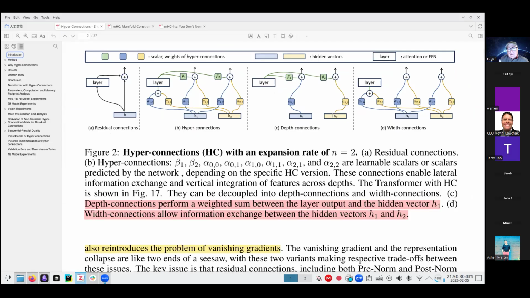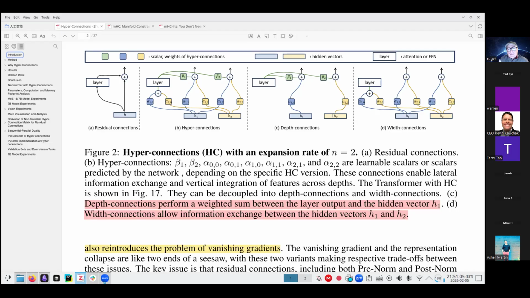The depth connection, I think, means you adjust the connection pattern between the residual stream and the layers.